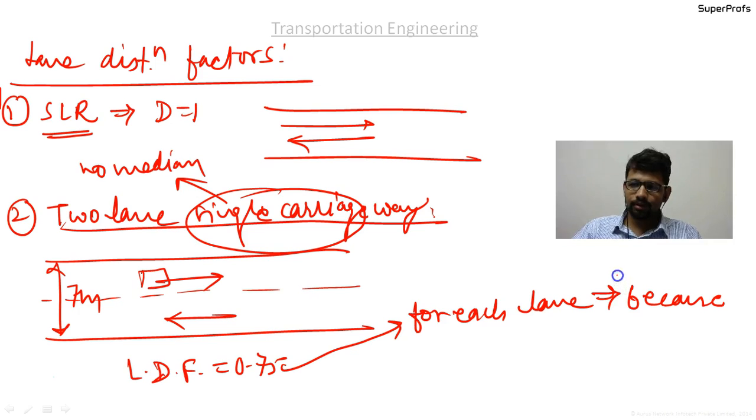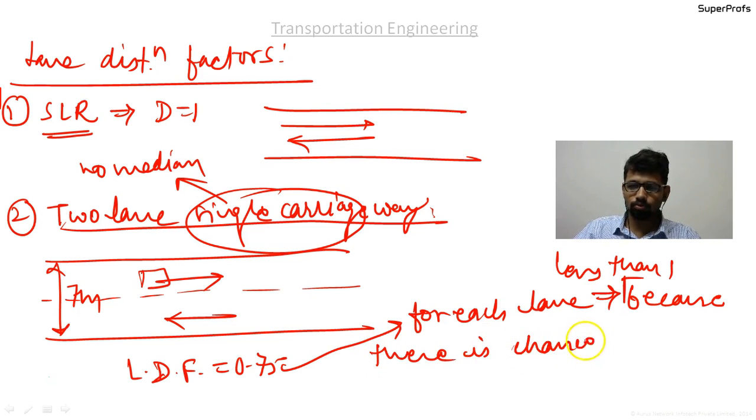It is less than 1 because there is a chance of shifting of lanes by the vehicles, for overtaking and crossing.